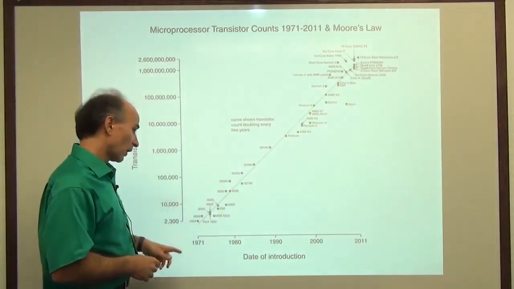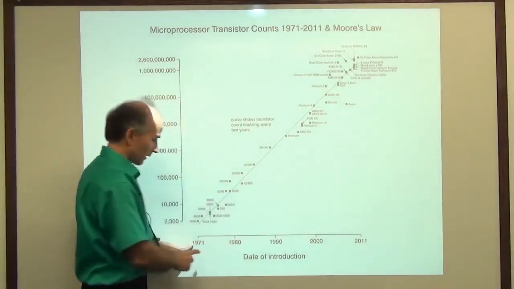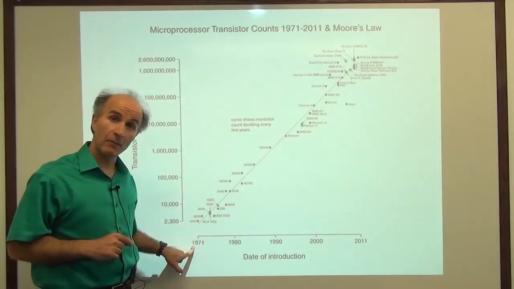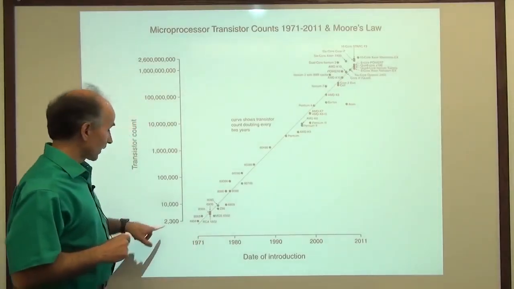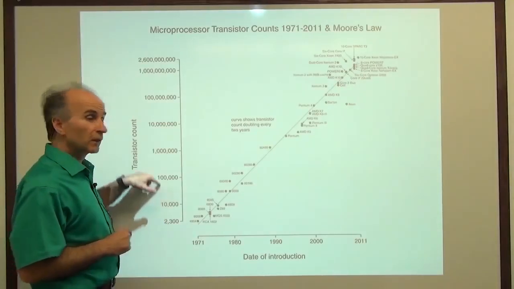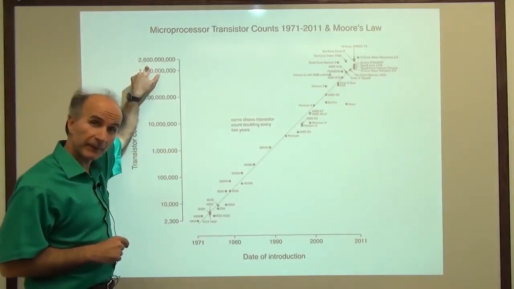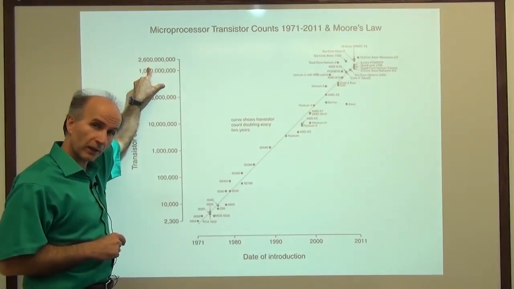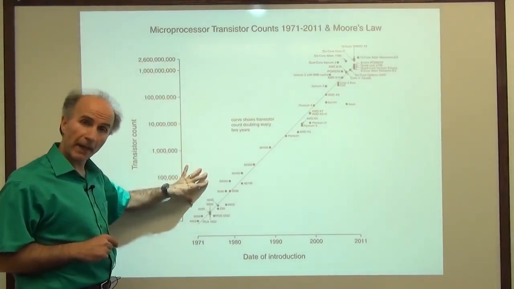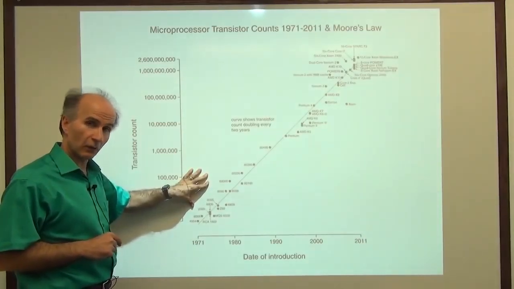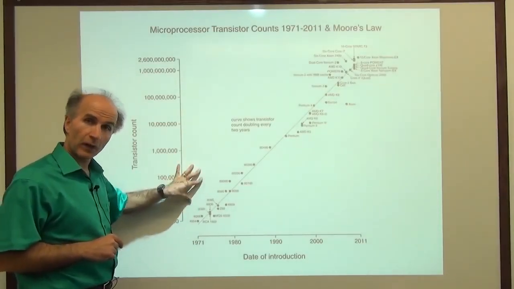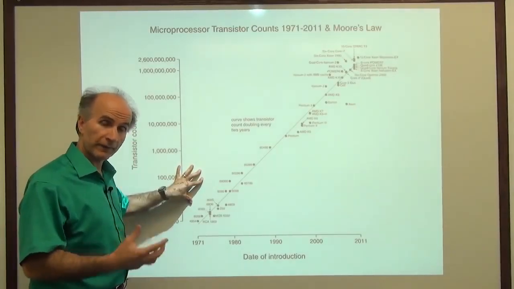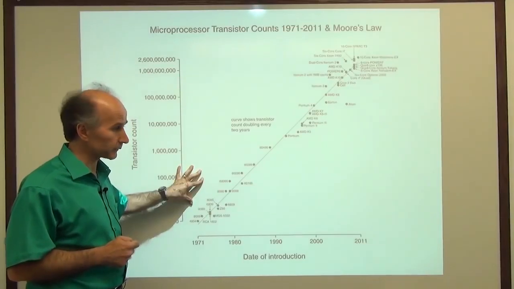So in a matter of 40 years, 1971 to 2011, we have increased the number of transistors per chip from 2,000 to, let's say, 2 billion. This is a phenomenal increase, phenomenal progress in this technology, and is unmatched by any other technology developed by human beings. And that's why it has been responsible for such an explosive growth of semiconductors in our daily lives.